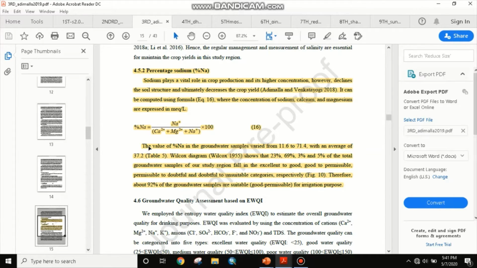Now here we can see the value of percentage of sodium in the groundwater samples varied over this range, in percentage, with an average of 37.2. The Wilcox diagram shows that 23%, 69%, 3%, 5% of the total groundwater samples of our study region fall in the excellent to good, good to permissible, permissible to doubtful, and doubtful to unsuitable categories respectively. So about 92% of the groundwater samples are suitable or good to permissible for irrigation purposes.